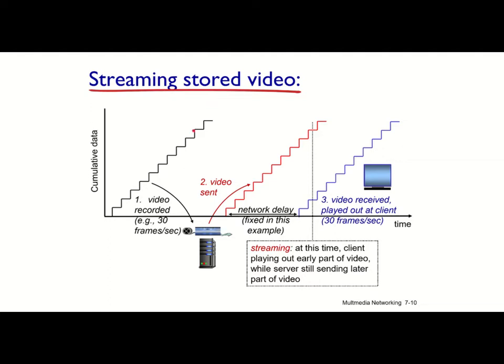The first plot, which is shown in black color, is the plot of how video is recorded over time. For example, the video is recorded 30 frames per second, and then after video is recorded and stored in the server side, the server sends the video over network. This is the rate that this video is sent or transmitted through the network.